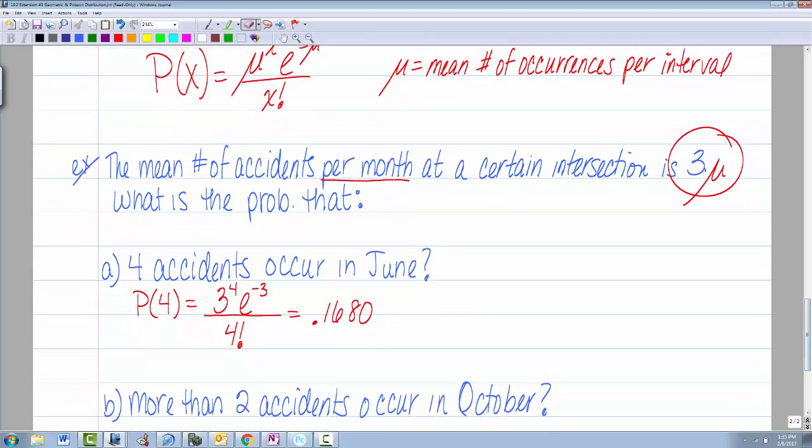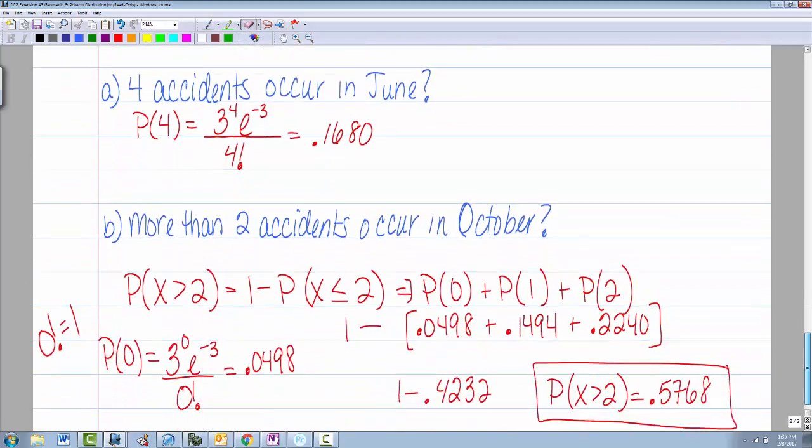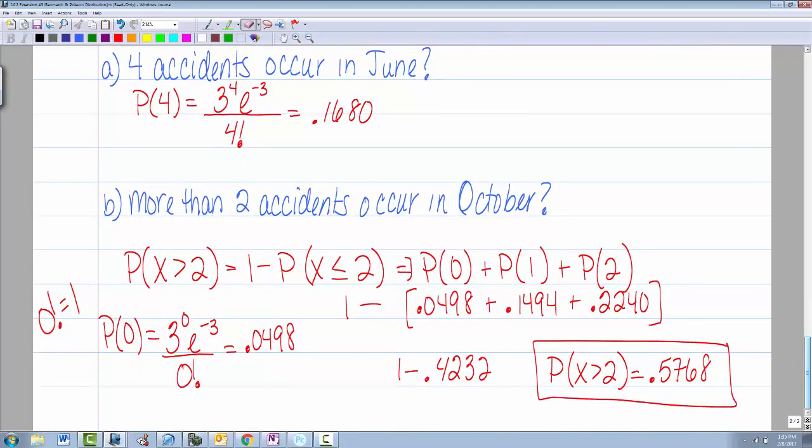More than 2 accidents occur in October. What does that mean? How many accidents occur? Not 2. More than 2. 3 or all the way off to what? Infinity. So can we actually do that? No. We have to do 1 minus the opposite of that. And in this case, you can have 0 accidents.